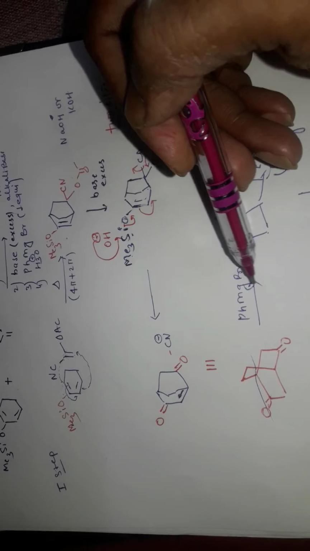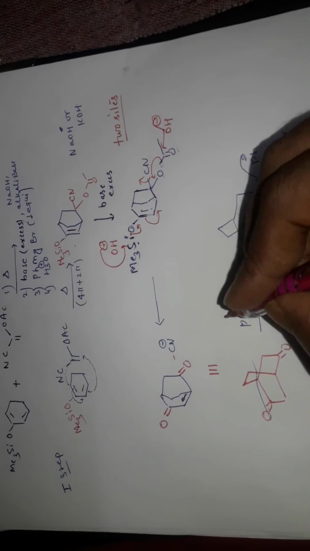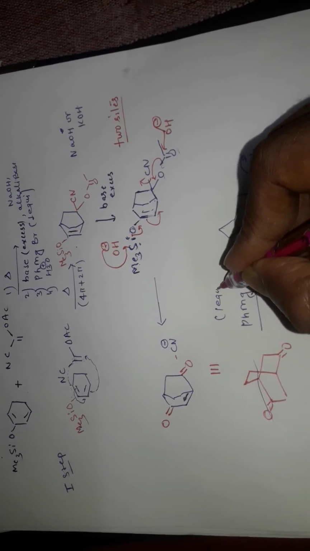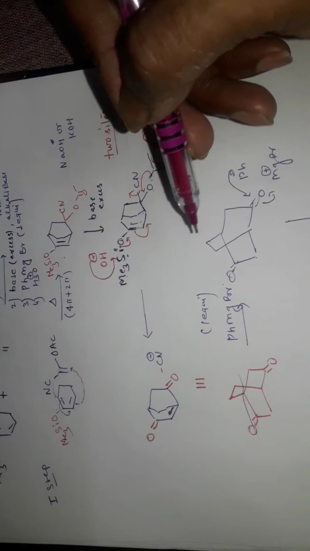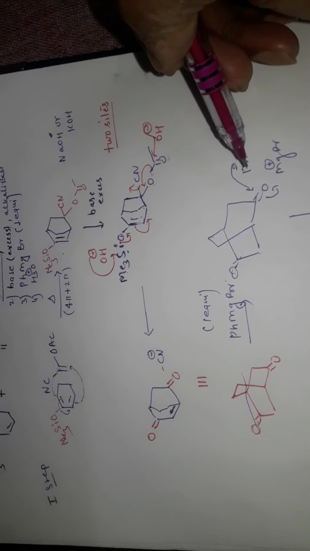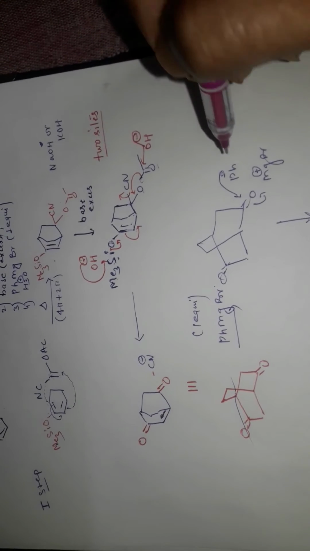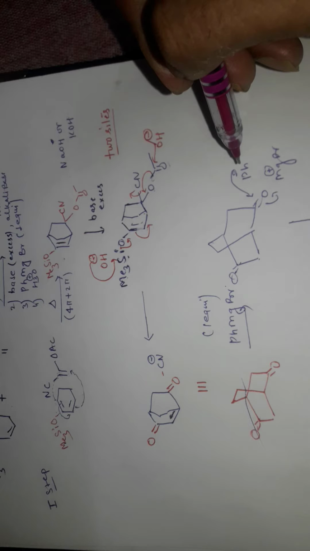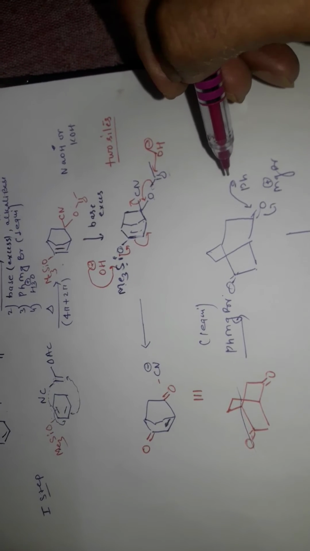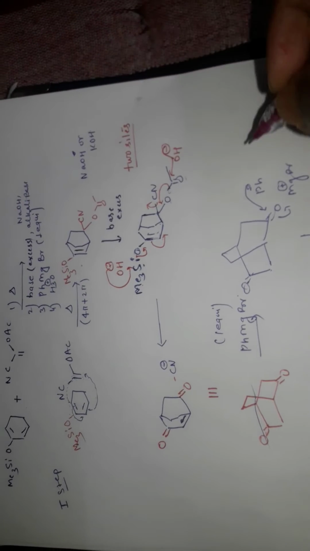In this step, phenyl magnesium bromide is added. It is actually one equivalent, meaning only one side will react with phenyl magnesium bromide. So it is one side, you can prefer either this or this one. Okay, so in this reaction, if you break down the phenyl magnesium bromide, it will fragment into Ph minus and MgBr plus.